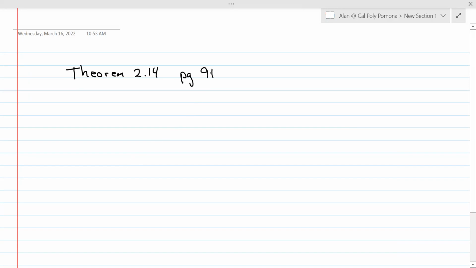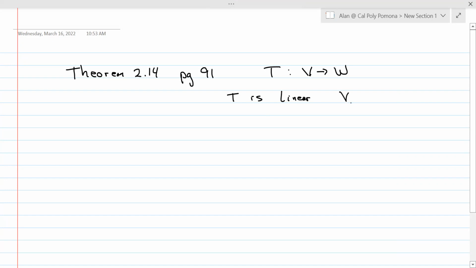Let V and W be finite dimensional vector spaces having ordered bases. Let's write it in a little bit of a different order. Let's suppose T is going from V to W, and T is linear.